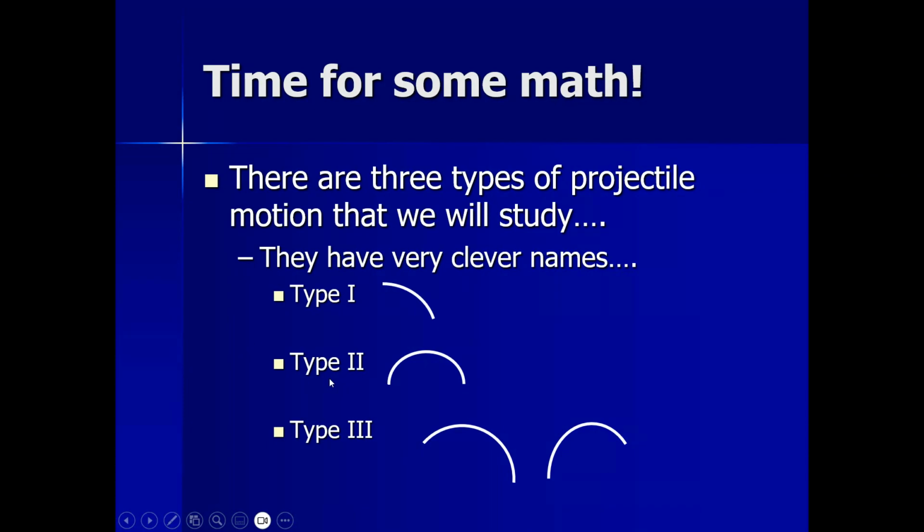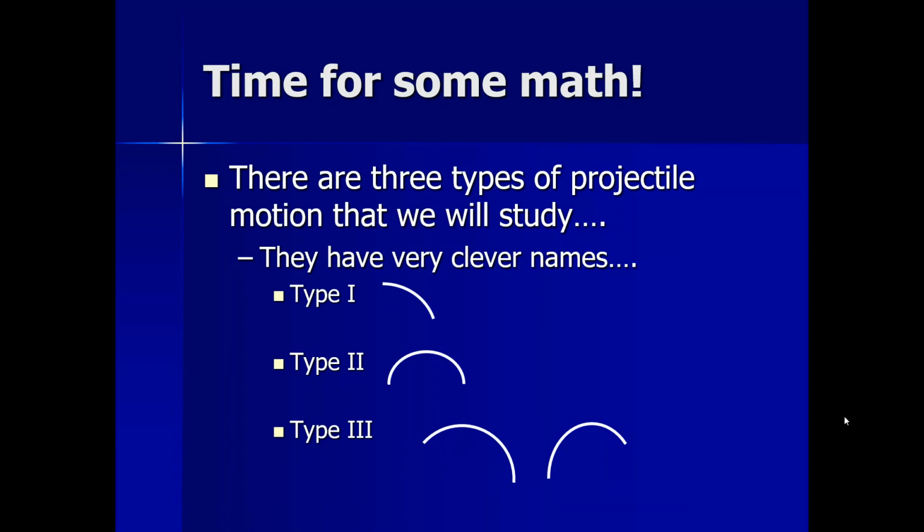For a type 2 projectile, we have an object that's launched at some angle, and it lands at the same height that it started at. And then finally, for a type 3 projectile, we have an object that is launched at an angle and lands at a different height than where it started.